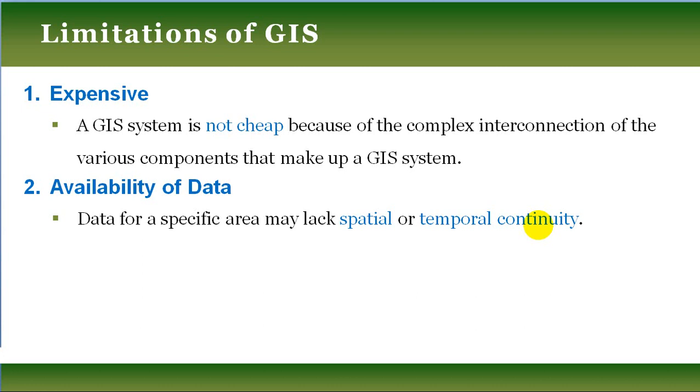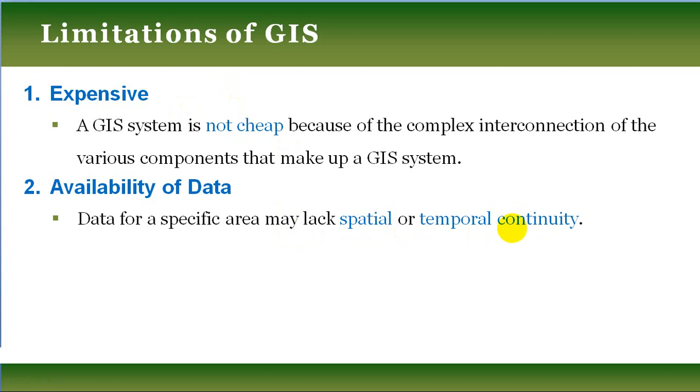So what happens when you identify all those required data? Some of the data maybe you will get, but some of the data are very difficult to find or hard to prepare. So there is a lack of spatial continuity. For example, I need 4 types of data.